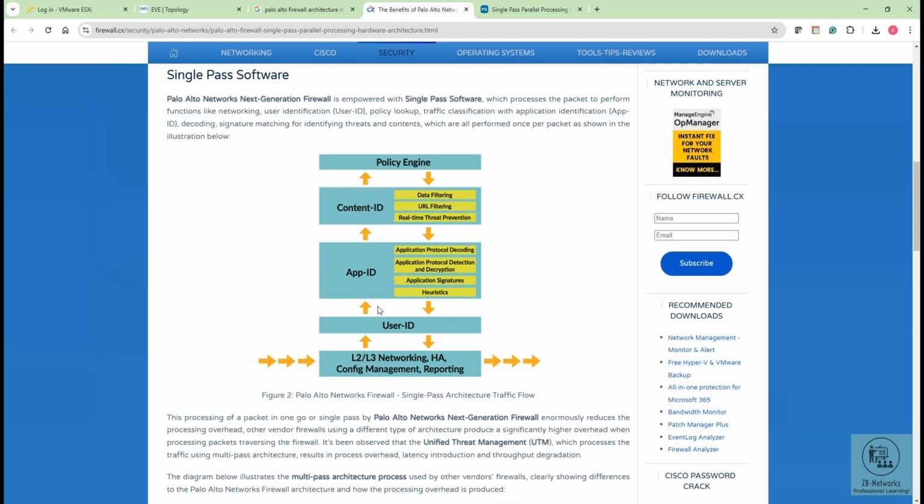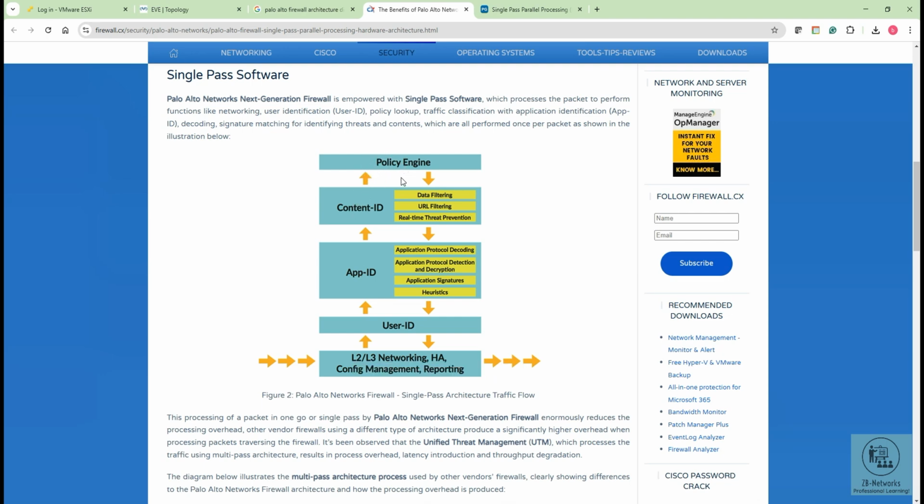So let's say a packet is entering the firewall, and what happens? The packet will enter the firewall and have separate layers of inspection. It can do layer 2, layer 3 networking, HA, config management, reporting, etc. Once the packet is inside the firewall, it will pass through multiple layers of User-ID check, App-ID check, and Content-ID check.